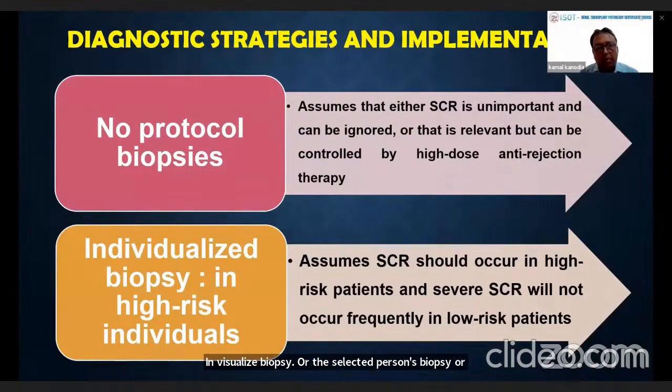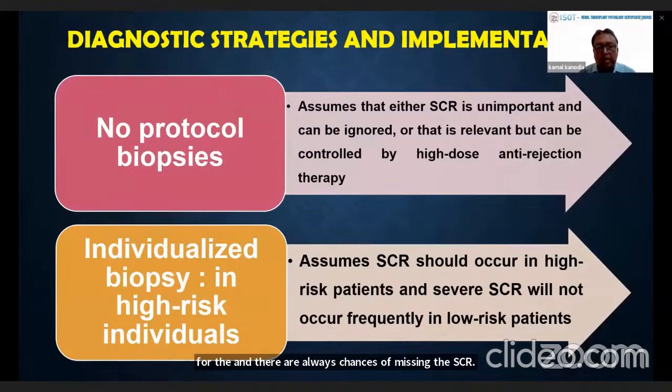If we select no protocol biopsy, then we assume that either SCR is unimportant and can be ignored, or that it is relevant but can be controlled by high dose anti-rejection therapy. This anti-rejection therapy can lead to the development of viral infection, and there are always chances of missing the SCR.